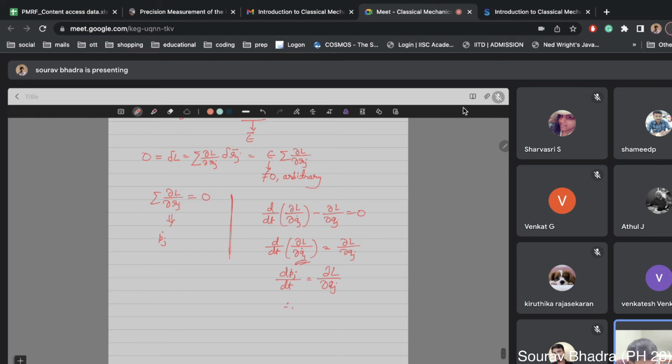So that means our Pj dot can be expressed as del L by del Qj. That is exactly the same thing I have done here, with Q as R, so Pj dot is equal to 0. So Pj dot equals 0 means your Pj is a conserved quantity. Okay, so Pj conserved is telling you the conservation of linear momentum.